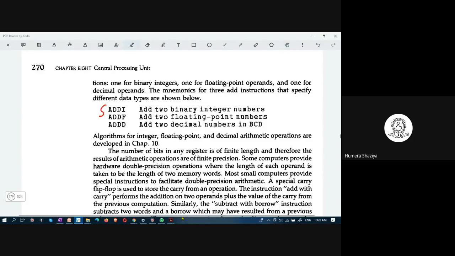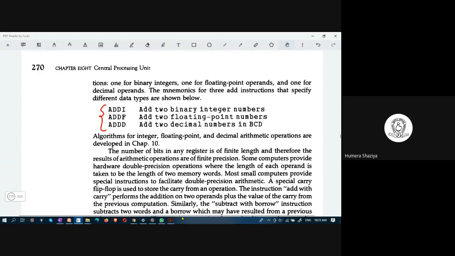These three are the mnemonics for three add instructions that specify addition operation on different data types. Add, just ADD, is for addition, that is general addition. However, to restrict it to a particular type of number, there are three variants.